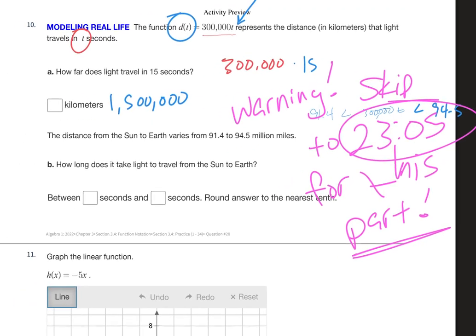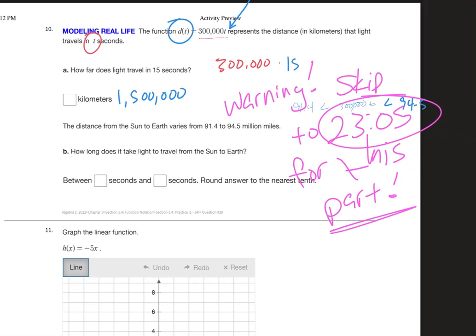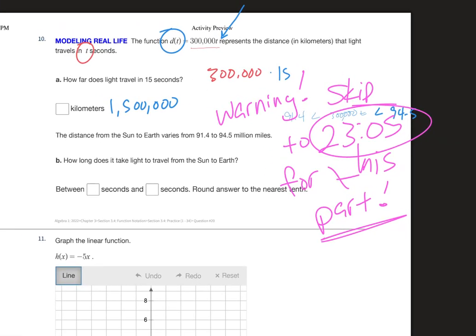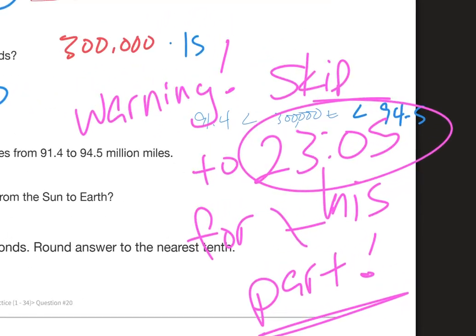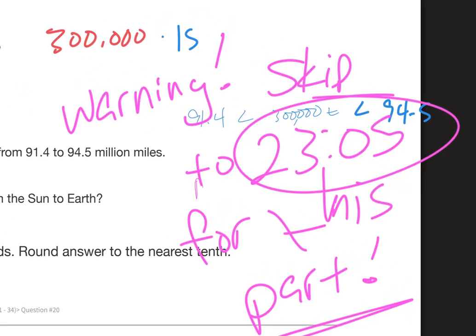So if we divide by 300,000 on each side, oh, and by the way, this will come up with a crazy ugly looking decimal if we do it right now, but this is not rounded, it's in decimal form. So really this is 9140000 like that.